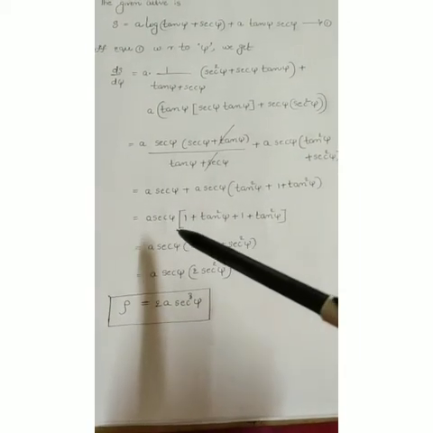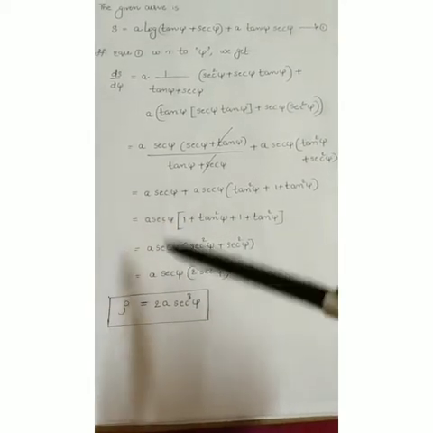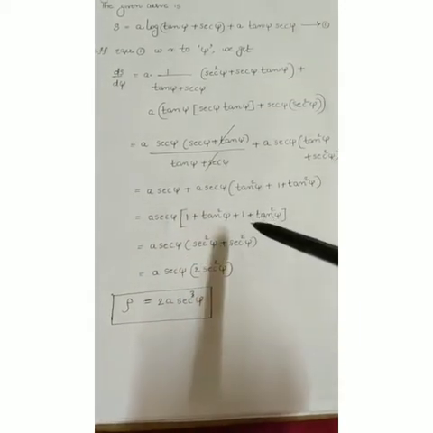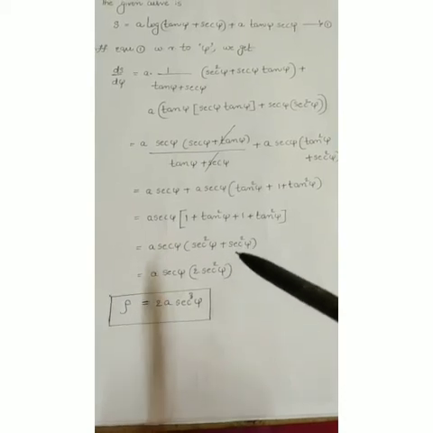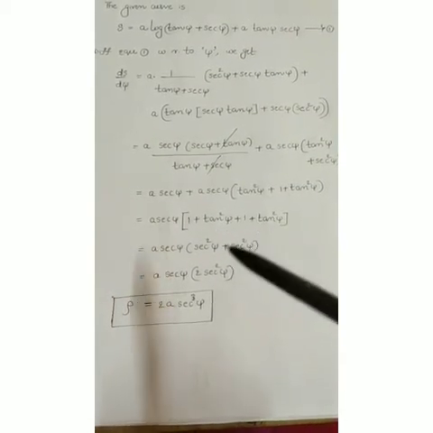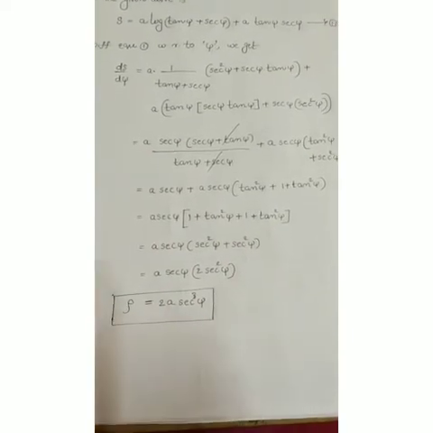So a into secant psi, taking 1 plus tan square psi as common, plus 1 plus tan square psi. So that is secant psi into, secant square psi plus 1 plus tan square psi.